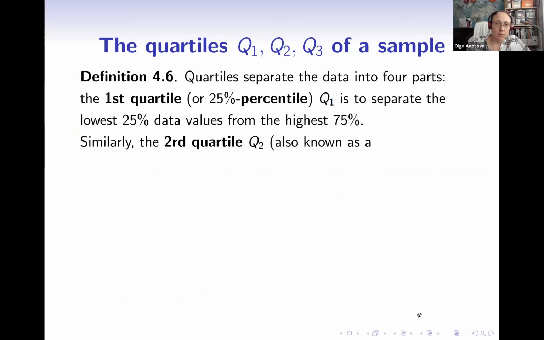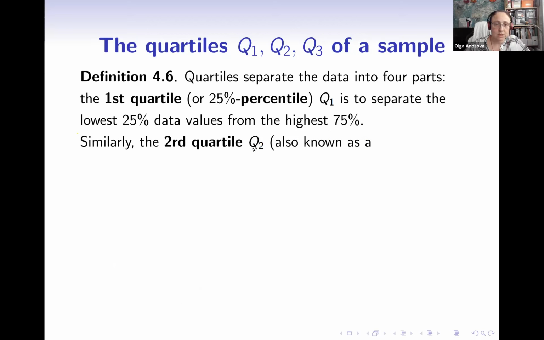Well, another way of measuring things is percentiles, and that's just a reminder that quartiles are a particular case of percentiles, and they separate the data into parts, quartiles into 4 parts, percentiles into 100 parts. The second quartile actually has its own name.